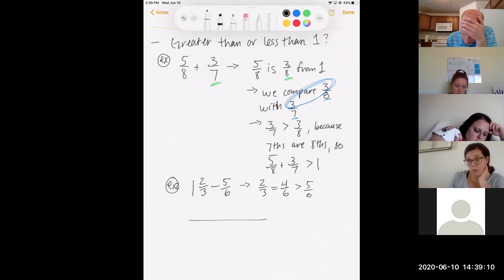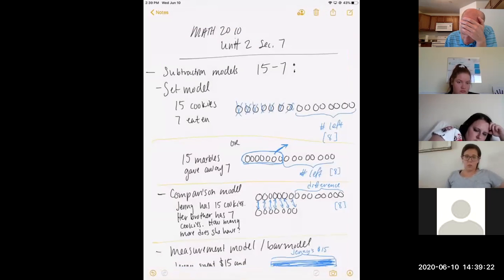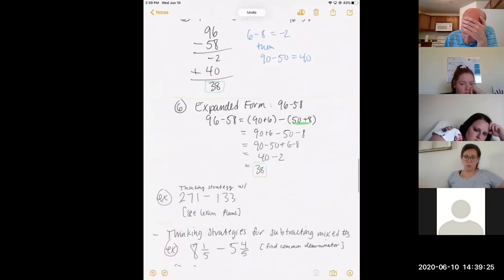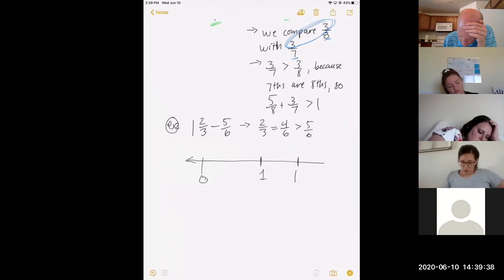Okay, so maybe I should draw a number line. Here's another idea that you guys can try with these ones. Okay, draw a longer one. So what we have here is 1. This one is 1 2/3. It's almost a 2. Let's pretend it's right here. Or 1 4/6.